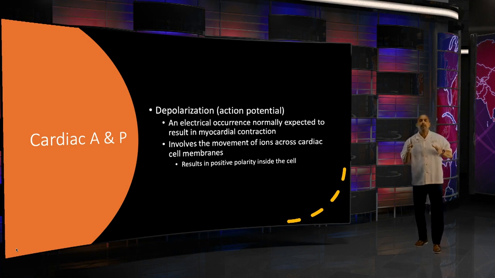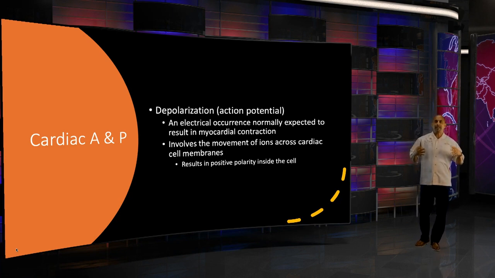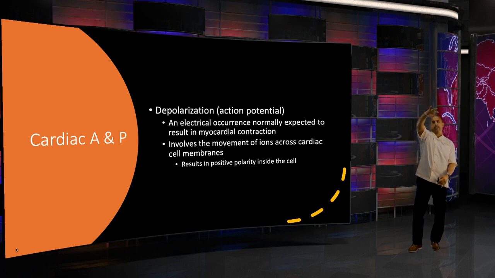If you wanted me to put this into perspective, let's think of the SA node. Where does the SA node sit? We know it sits on the top of the right atrium. It's not that I could dissect the heart and say, hey guys, look, this is an SA node. It's the tissue of the upper right atrium that we refer to as the SA node, the sinoatrial node.